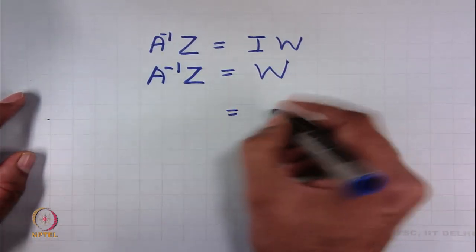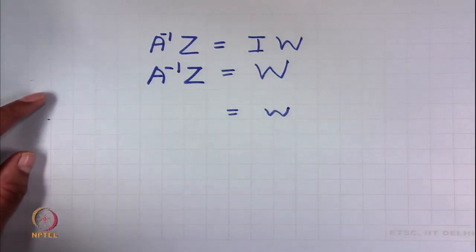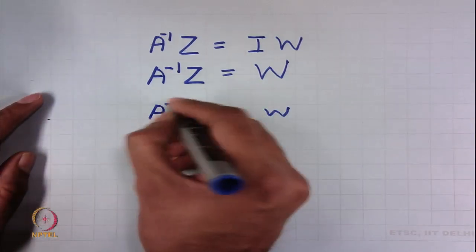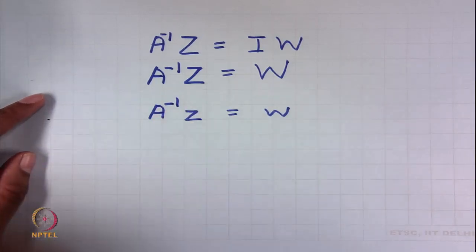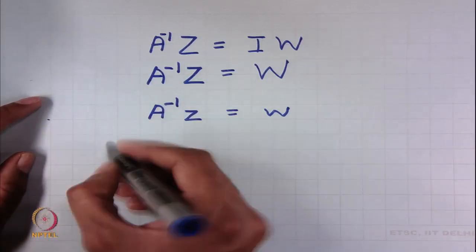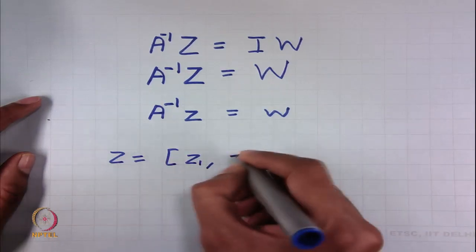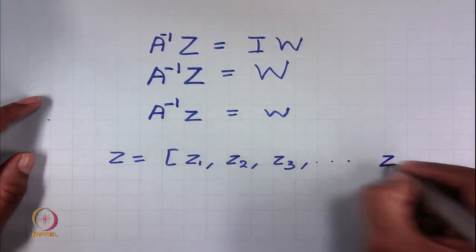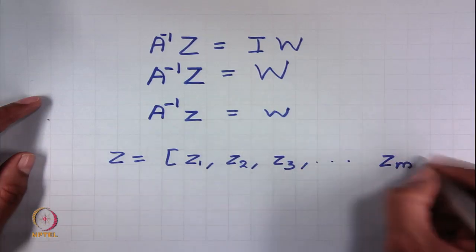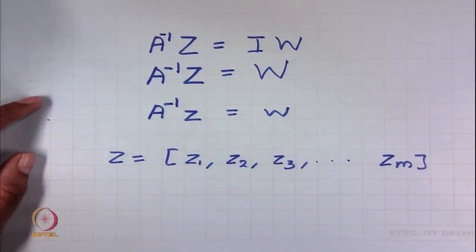So, the numerical value of this vector W would be the same as A inverse times small z, where small z denotes the numerical value of vector Z. So, what I mean by this is Z would be nothing but some vector with some numbers. Okay.